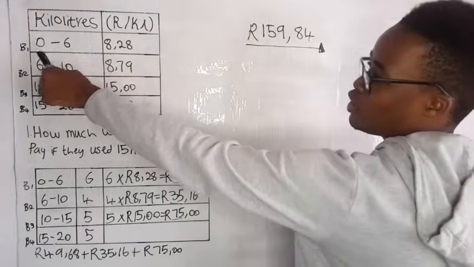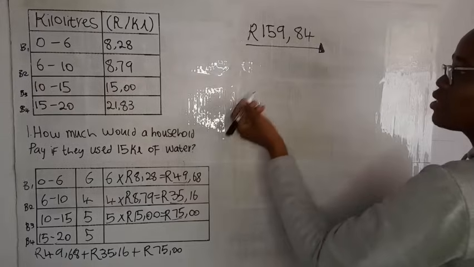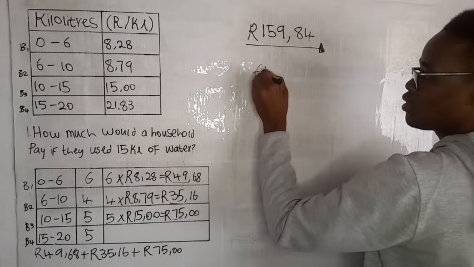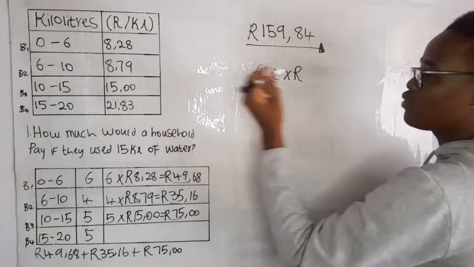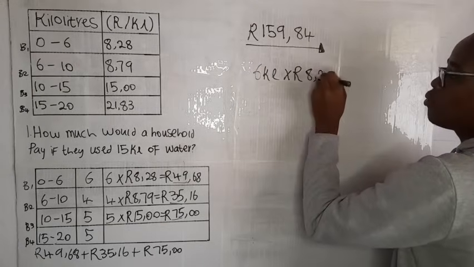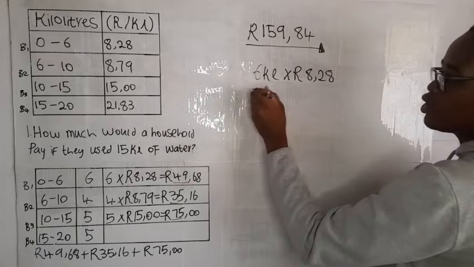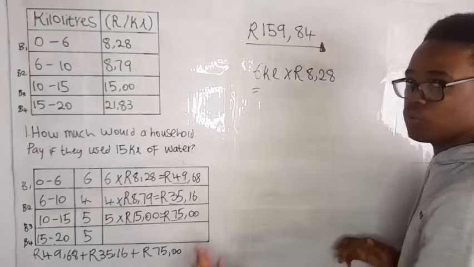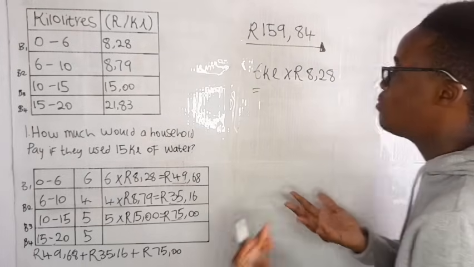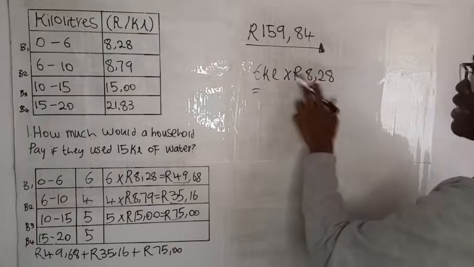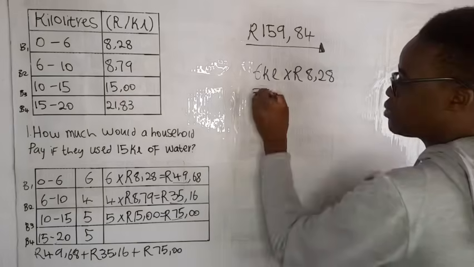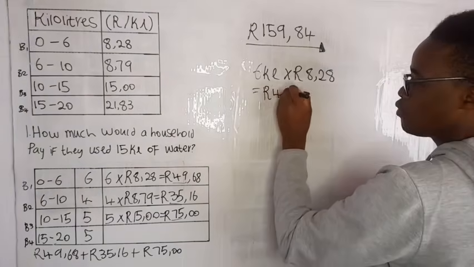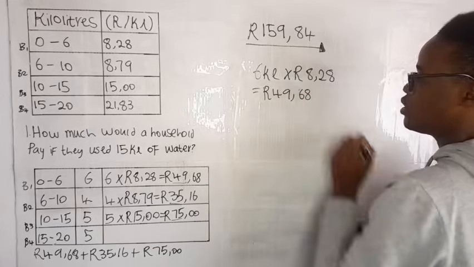First, you determine the interval here from 0 to 6, which is 6. So you say 6 kiloliters multiplied by the amount on the first block, 8.28. I'm just going to take the answers from the previous method because we've already calculated them, just to save time. So 6 multiplied by 8.28 for the first block, and you write the answer below. Our answer was 49.68.